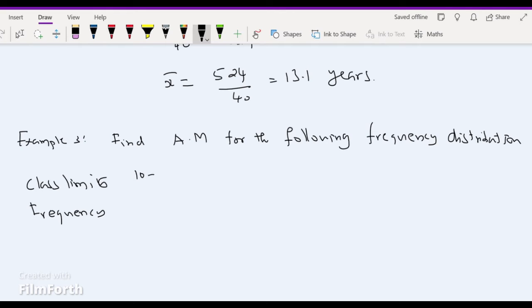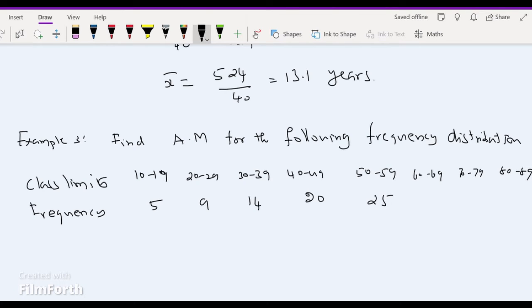Class limits 10 to 19, 20 to 29, 30 to 39, 40 to 49, 50 to 59, 60 to 69, 70 to 79, 80 to 89. The corresponding frequencies 5, 9, 14, 20, 25, 15, 8 and 4.